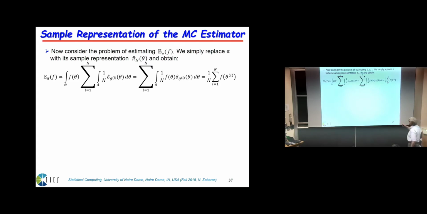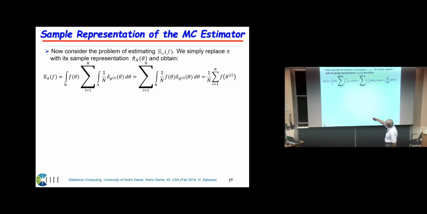So let me calculate the expectation of this function f of theta. We need to compute this expectation with respect to the true distribution p. But what I'm going to do is use, instead of p, the empirical measure of p. So we have taken some samples from this distribution, so we cannot really calculate this exactly. So let me see what is the physical meaning of this empirical distribution.